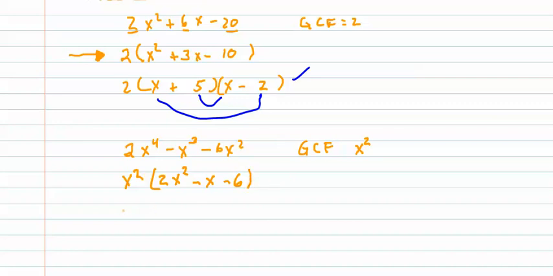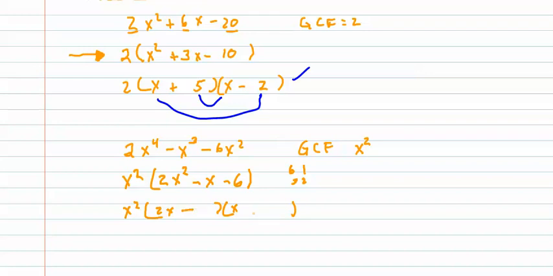And now, if possible, I factor this. Well, obviously it's going to be 2x and x. And then we're going to have 6 and 1, or 3 and 2. One is positive, one is negative.